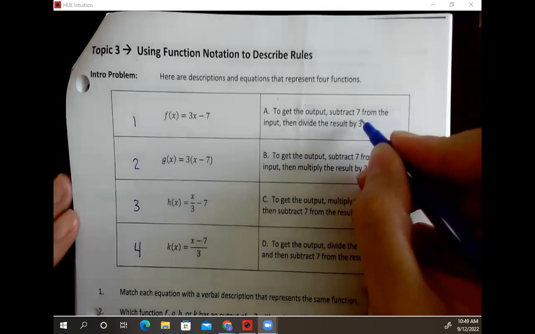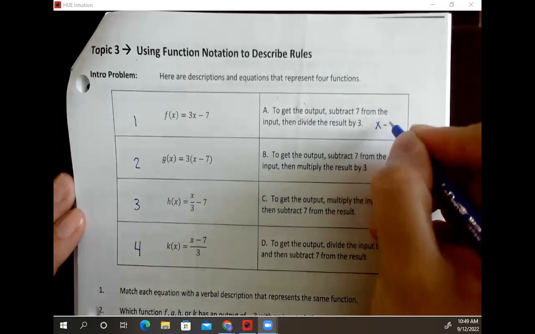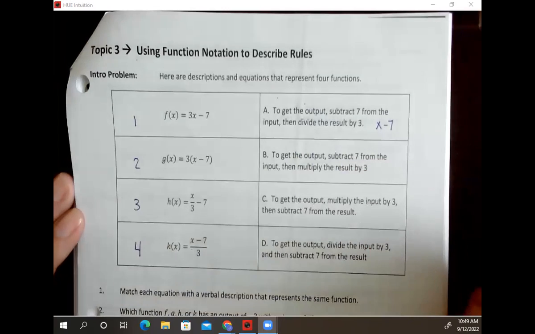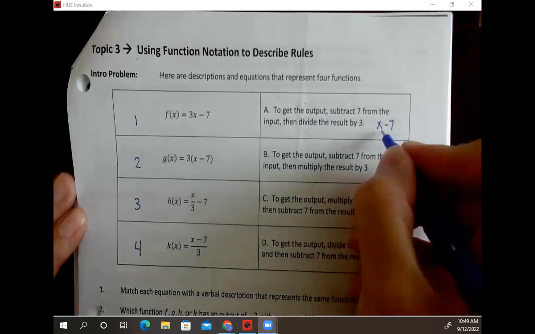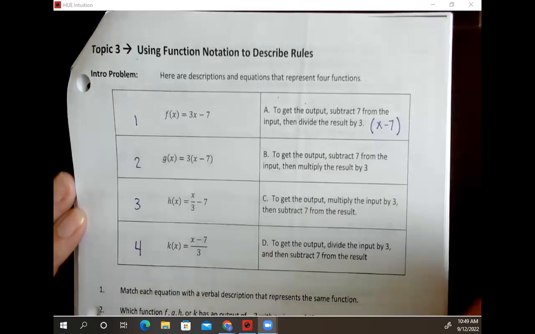So this says subtract 7 from the input. So take my input and subtract 7, then divide the result by 3. So I want to do this first. One thing I can do to represent I want to do this first is to use those grouping symbols like parentheses.